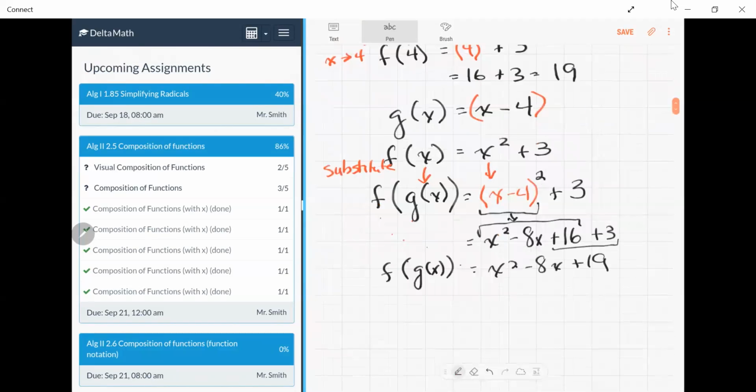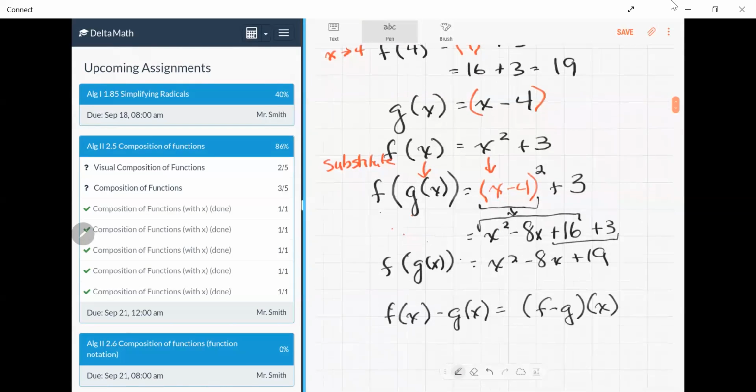The other way that you see this expressed: remember yesterday we could say f of x minus g of x can also be expressed as f minus g of x. That was our lesson from Tuesday.